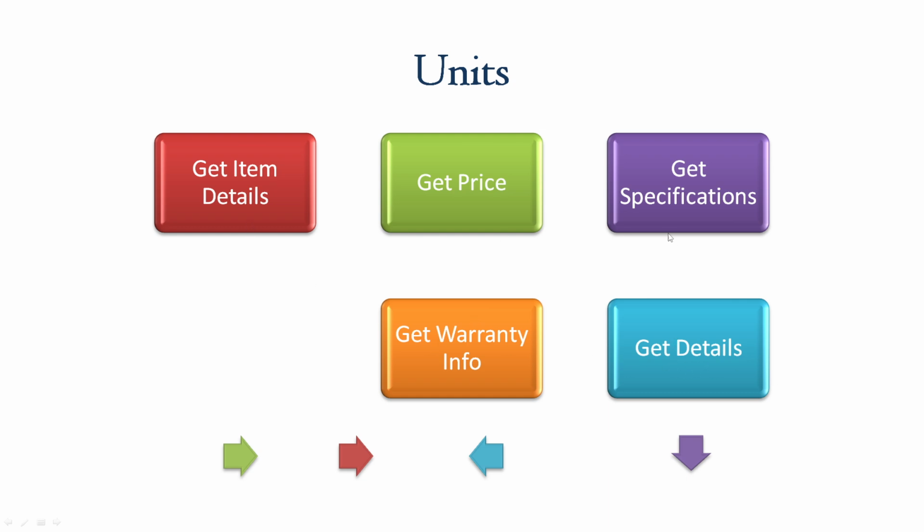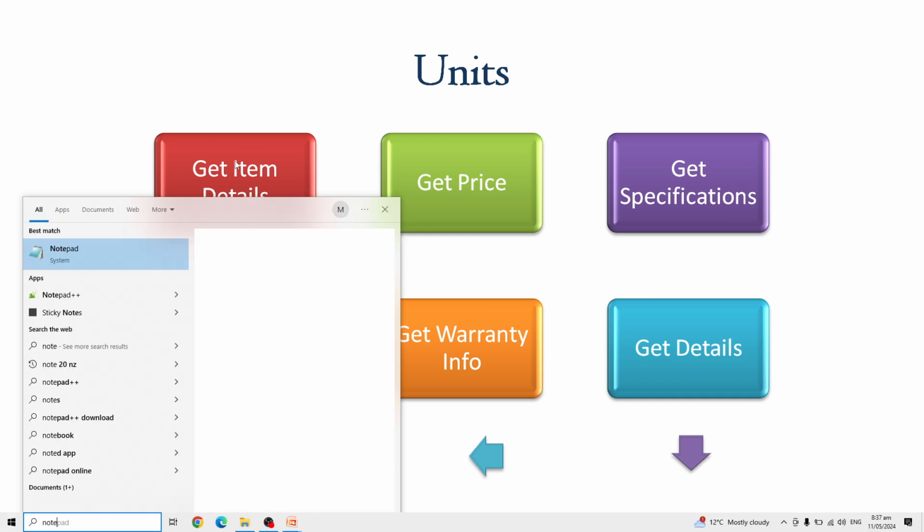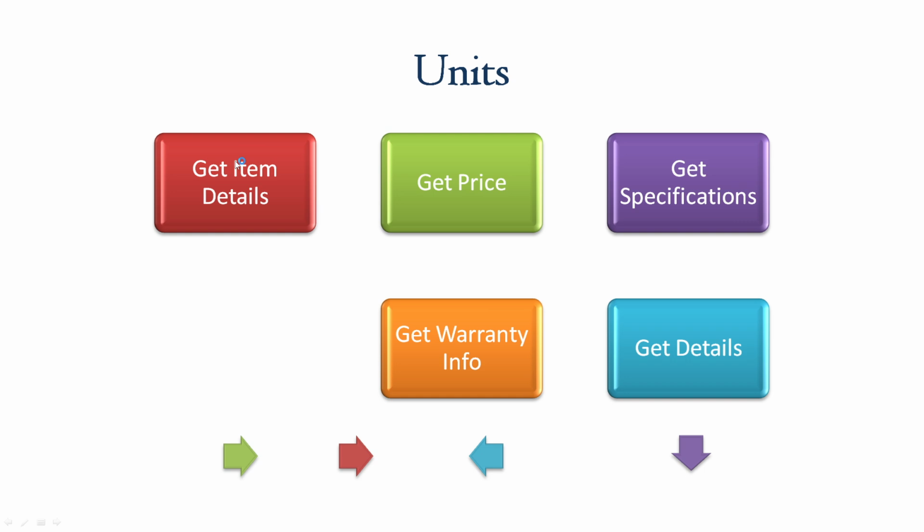These are all smaller units, right? Now you can test the smaller unit. When I say a smaller unit, it will be like a method. In Java, we call that a method. Method means function.